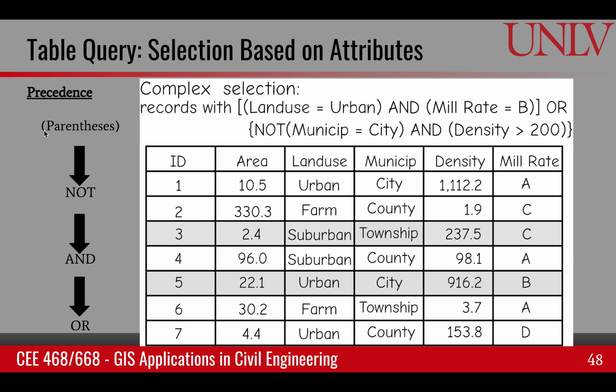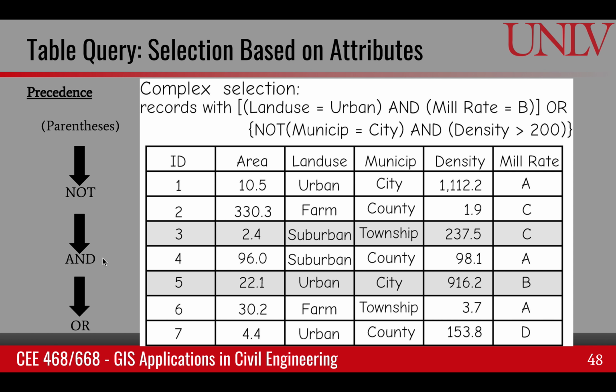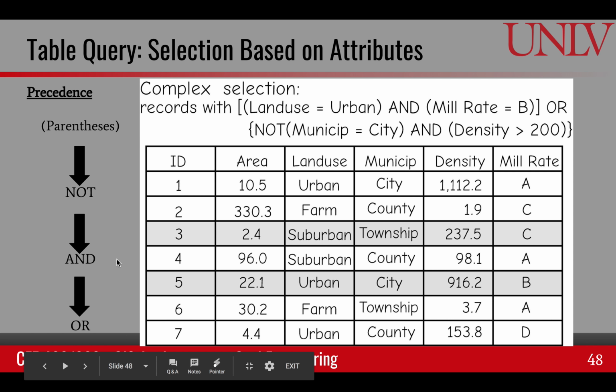So parentheses must be respected first and foremost. Then all the NOT operators should be performed, then AND, and lastly OR. So AND is equivalent to multiplication and OR is equivalent to addition. So multiplication always comes before addition. You can think of it that way as well.